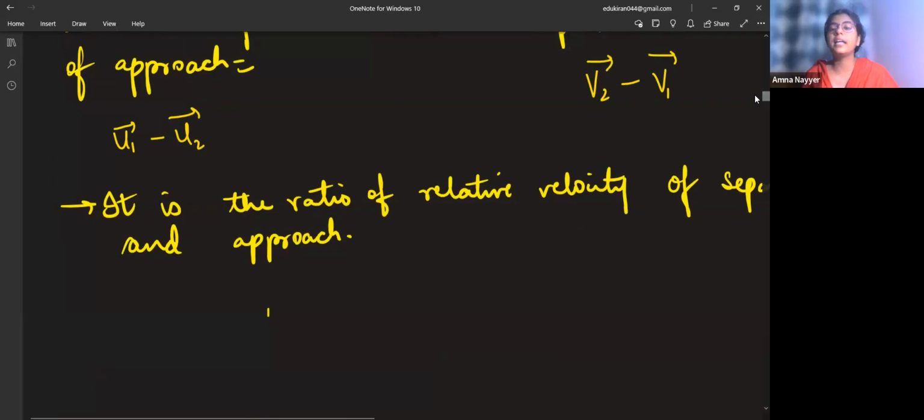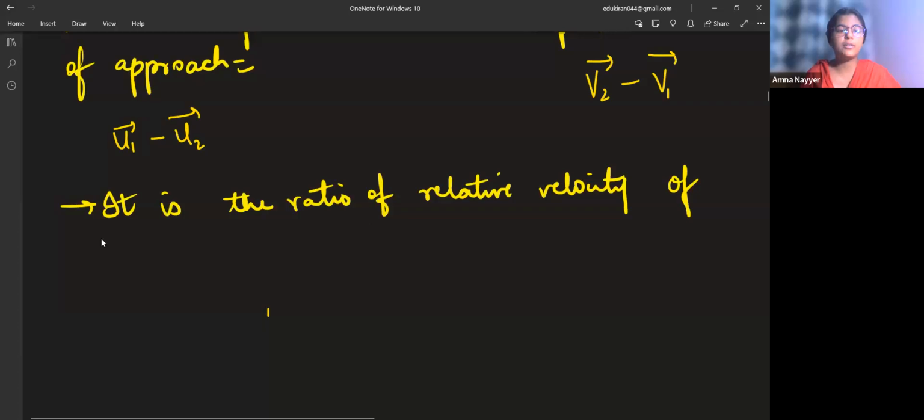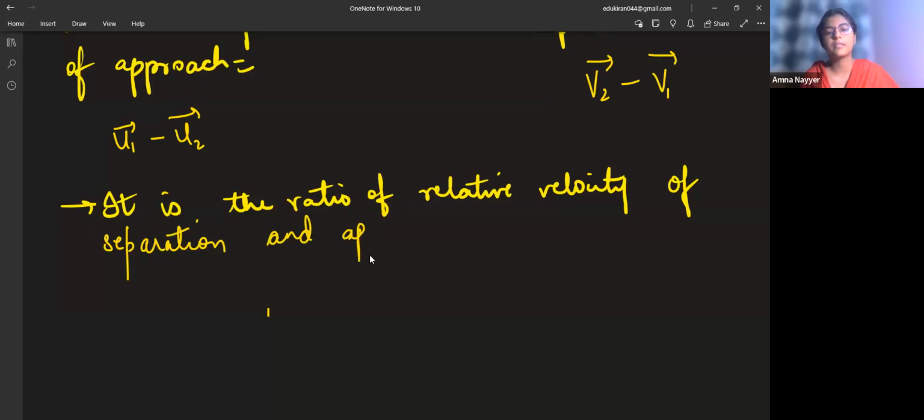Now it is the ratio of relative velocity of separation and approach.